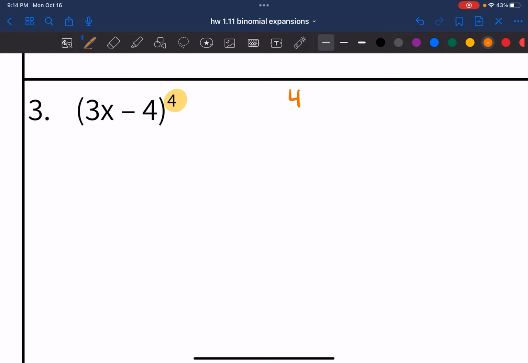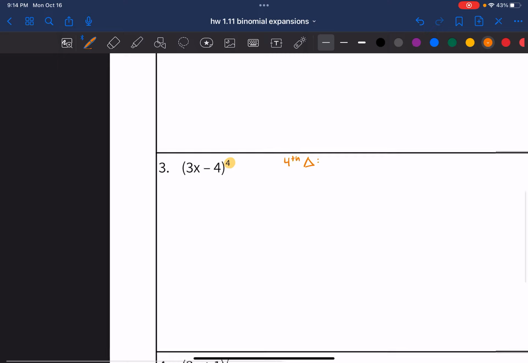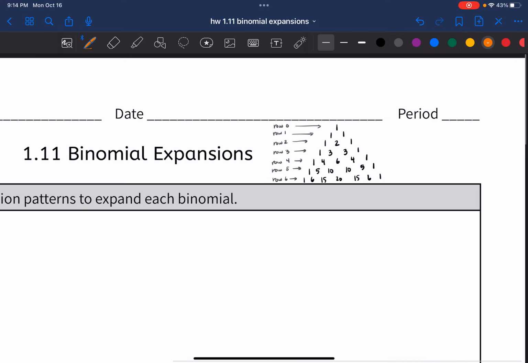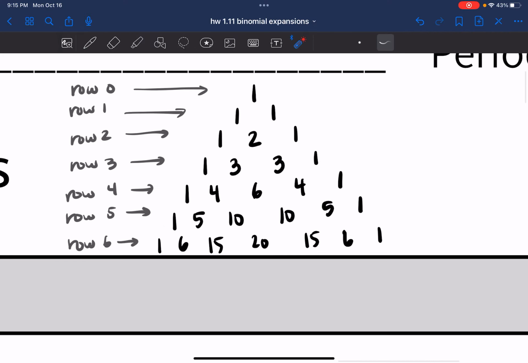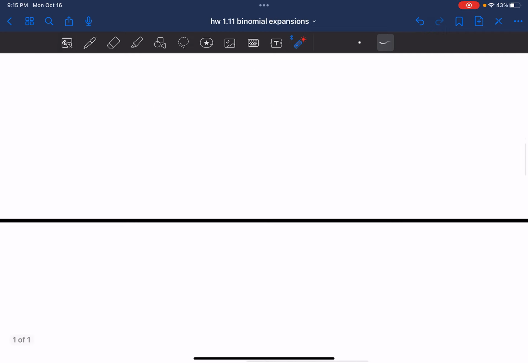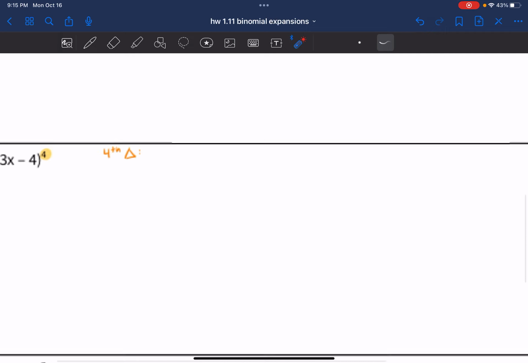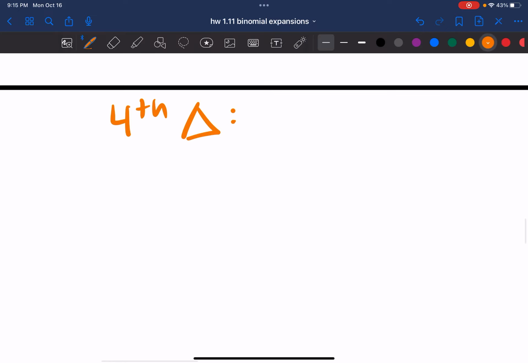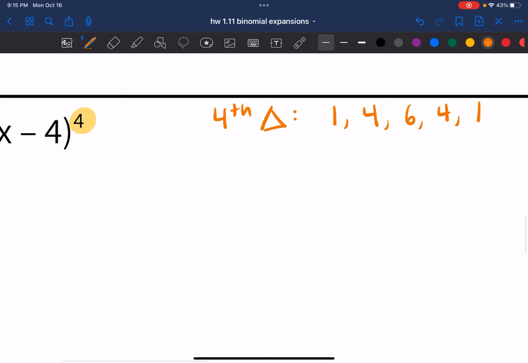So I'm going to write 4th row of the triangle. Here's my 4th row: 1, 4, 6, 4, 1. Those are going to be my coefficients of each term.